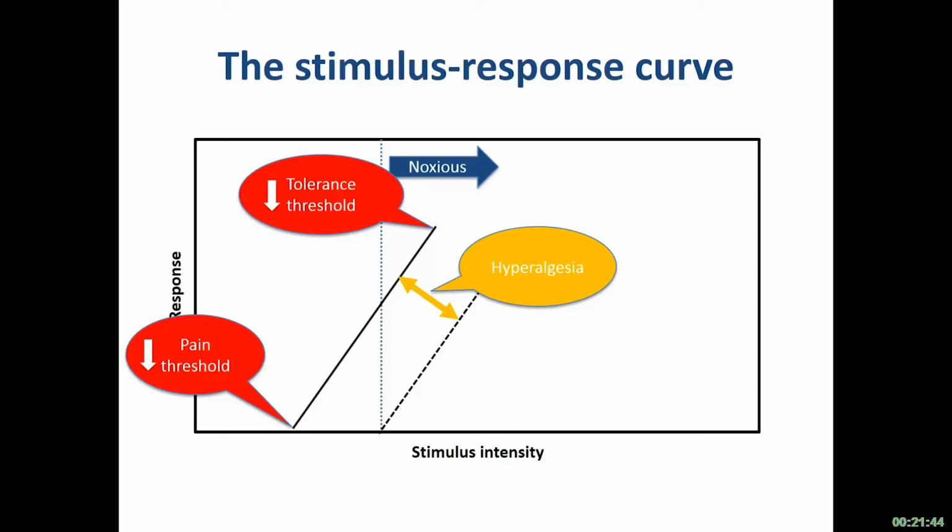In more extreme situations, we may even see that the patients report pain in the presence of stimulations that are normally not perceived as painful, and that's what we call allodynia. So by doing these stimulus-response curves for different kinds of stimulations in different tissues, we may get an idea of the state of the pain system, whether there's a hyperalgesic state. And this could then indirectly point towards central sensitization.